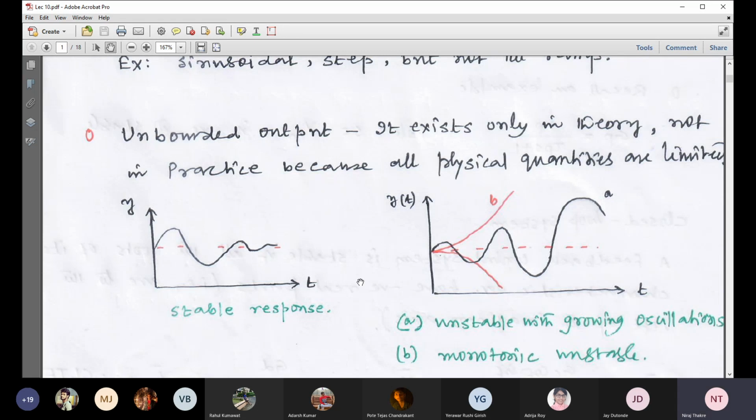In the right hand side, there are two categories. One is oscillation with the growing amplitude, and another one is monotonic case. Both are unstable. Oscillation with increasing amplitude in the right hand side, as well as monotonic instability are shown.